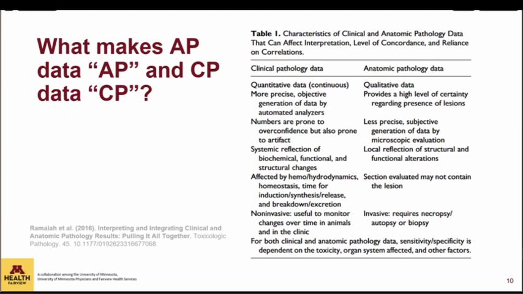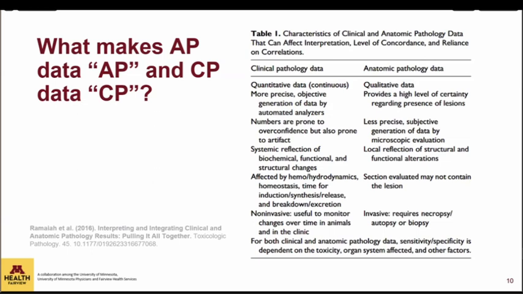And so this table from the clinical toxicology literature, where in clinical drug trials it's very important to be able to associate AP and CP data for subjects, this is recognized as a challenge. And so some characteristics overall of clinical CP data: I mentioned before that it tends to be discrete, usually more quantitative, so numbers, categorical values.